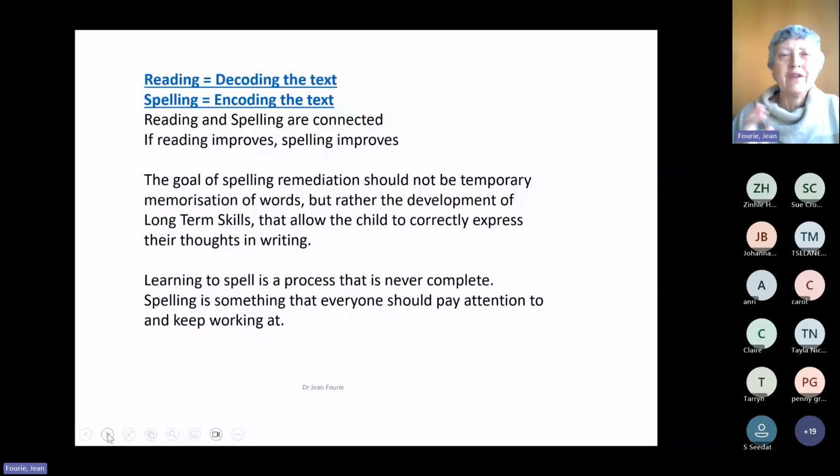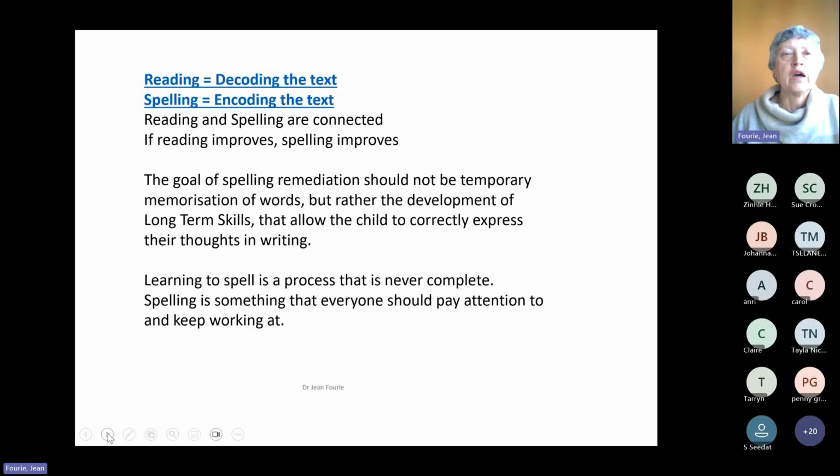So conventional spelling is the spelling, the words that you find in the current dictionaries, and those are like cast in stone. That is the way that the word should be spelt.